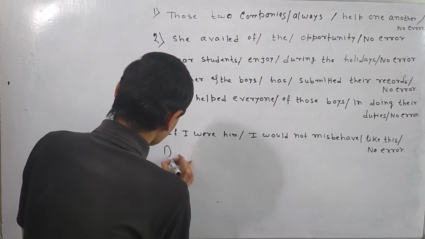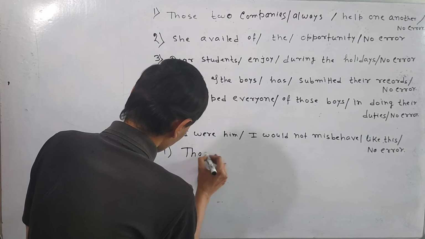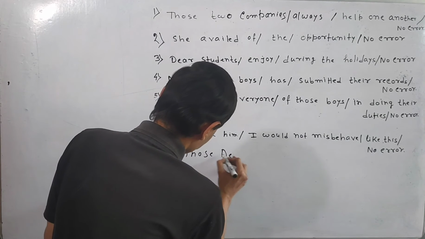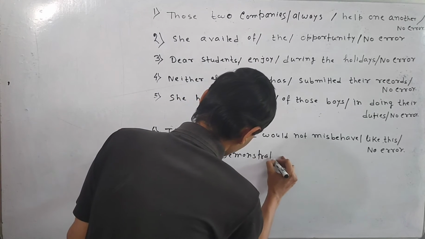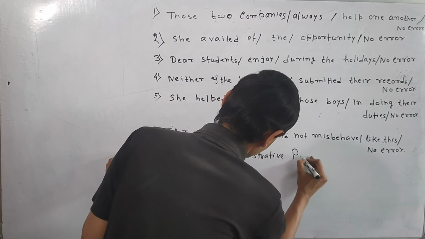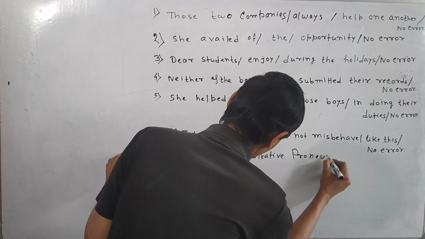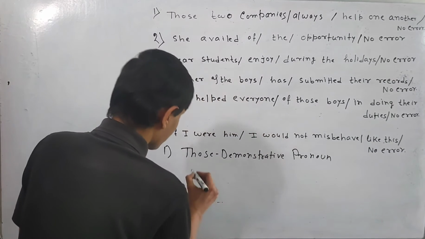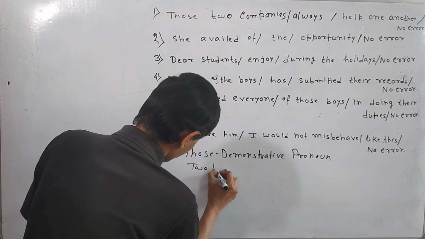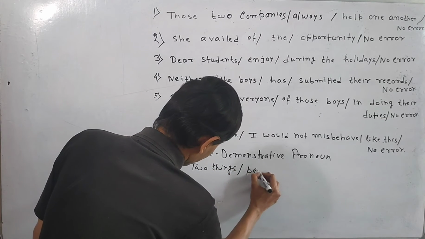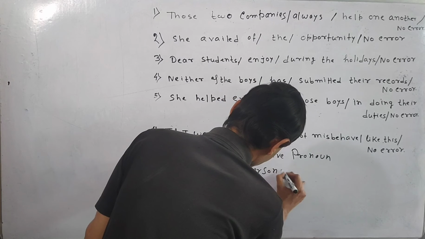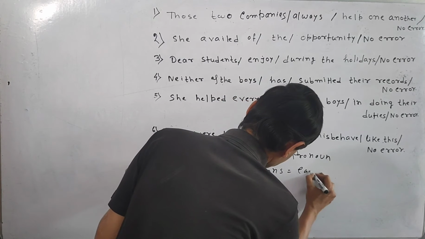Now if I just go through the sentence, those is a demonstrative pronoun. There is no question, there is no doubt about that. Whenever two things or persons, etc. are there, each other should be used.